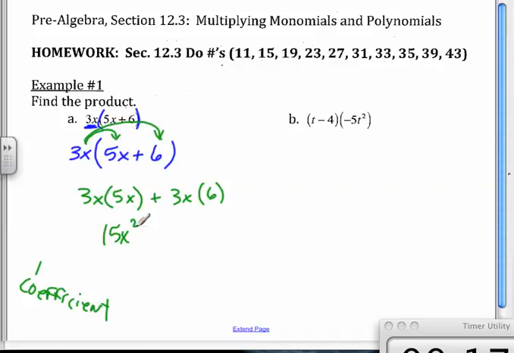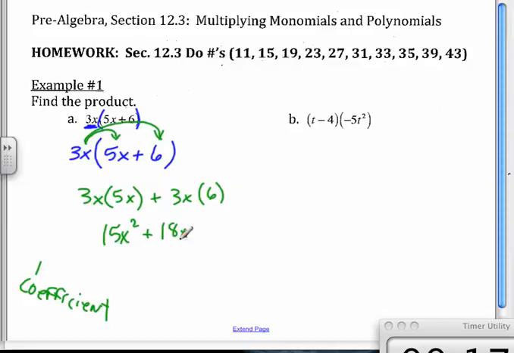Remember, exponents are repeated multiplication. So x times x means x squared. All right? Now, I'm going to multiply positive 3 times the 6. What do I get, Kyle? Positive 3 times 6. Excellent. Positive 18. And I only have 1x, so I just keep that 1x.